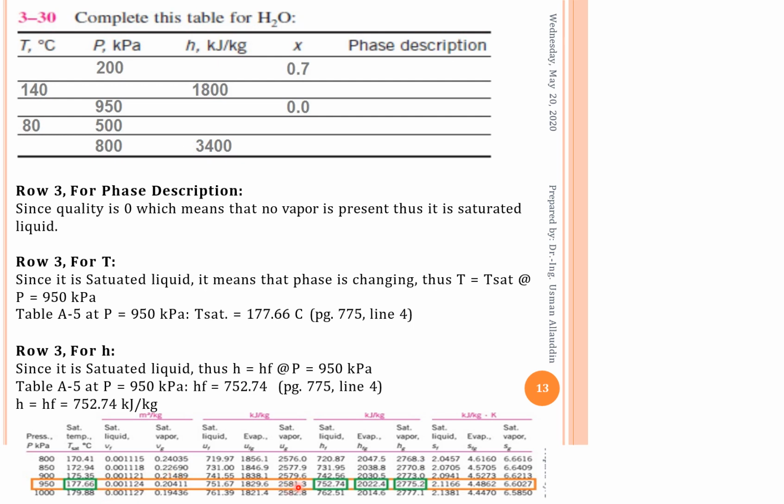While we will look into Hf, here we will write the Hf. The Hf value was 752.74. We found the phase description, we found the Hf value, we also found the temperature value. So we'll move into our next row.